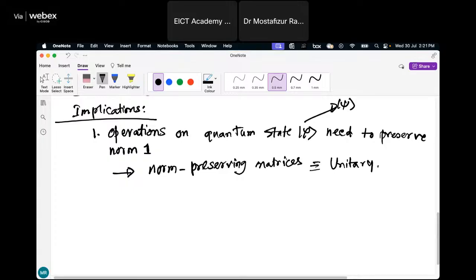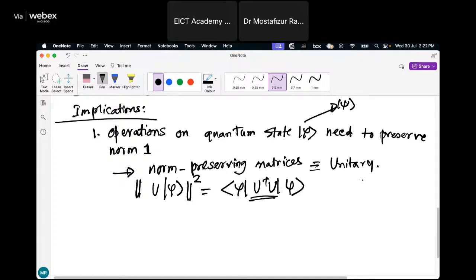So if there is some matrix U that I can apply on the quantum state psi, then whatever I get, if I take the square of the norm of this, it will be psi U dagger U psi.